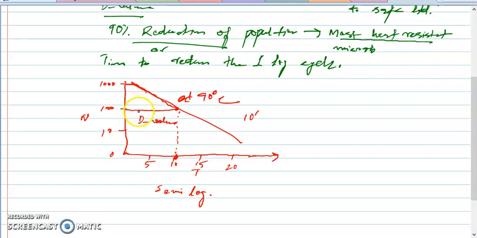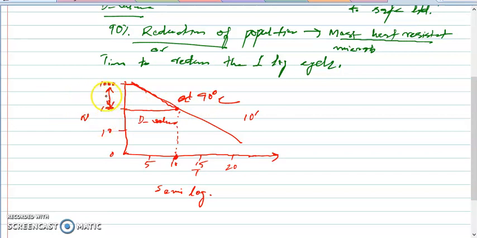If we increase the temperature, the time will decrease. If we decrease the temperature, the time will increase, and it is vice versa. So here we have decreased the population from 1000 to 100, and this is known as the D value. This can be 10 minutes, this can be 5 minutes. It depends upon the microorganism and it depends upon the temperature which you have used.